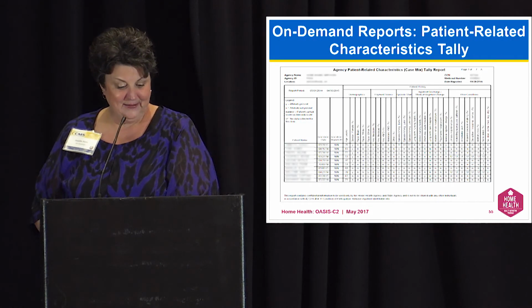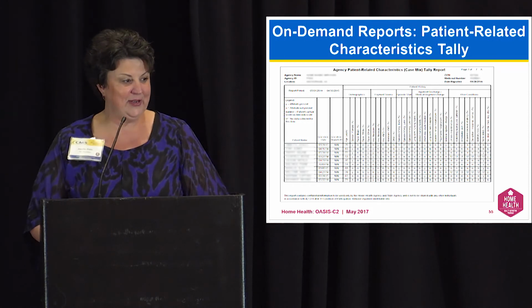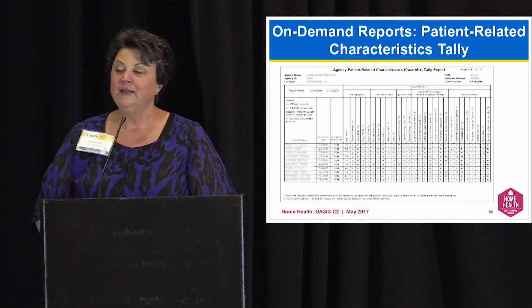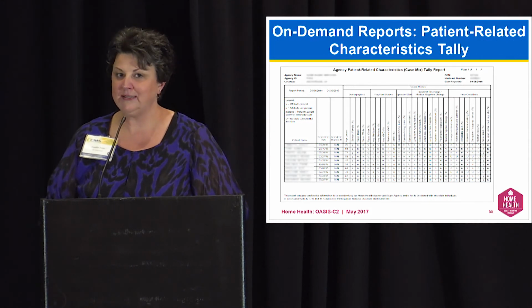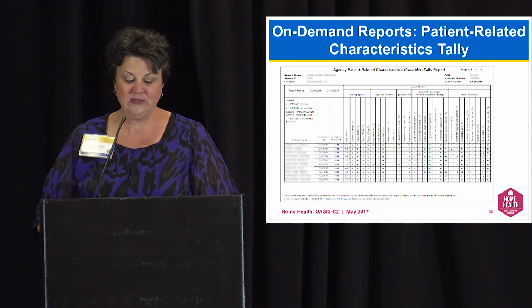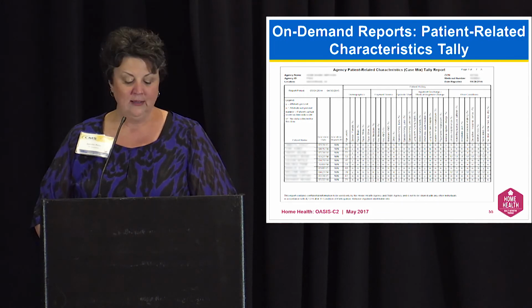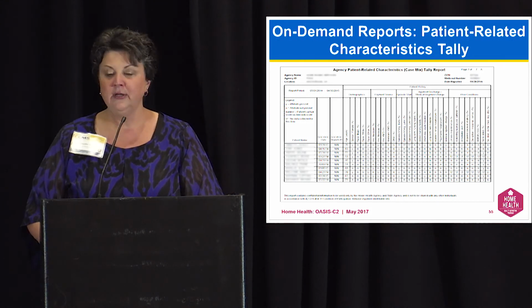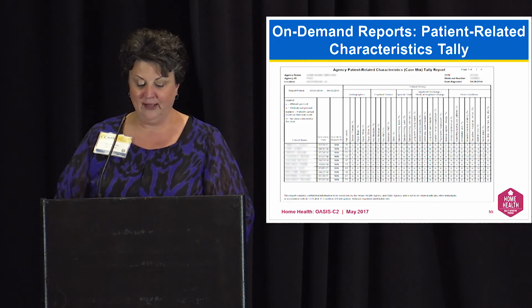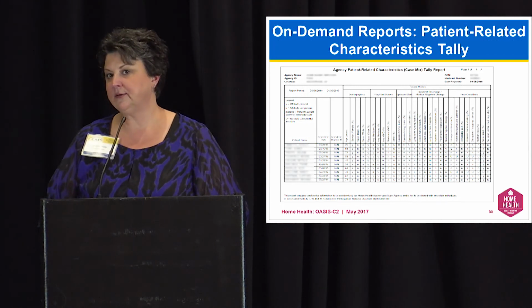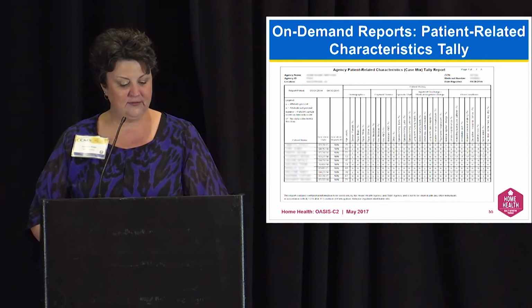I think this is a neat report. This is your agency patient-related characteristics case mix tally report. This lists each individual case, up to 5,000 cases. It includes patient characteristics in several categories. These categories are similar to those that I shared with you earlier: patient history, general health status, living arrangements and assistance, and then there are various clinical categories and more that's available.